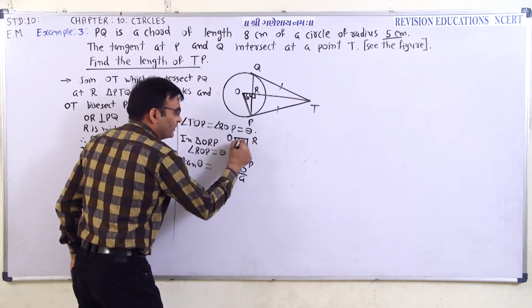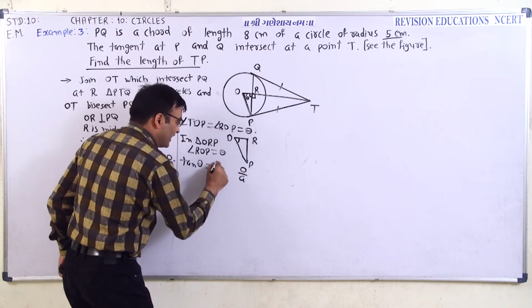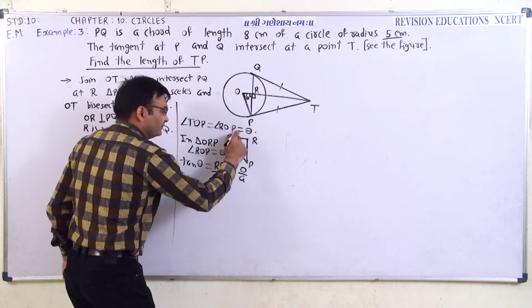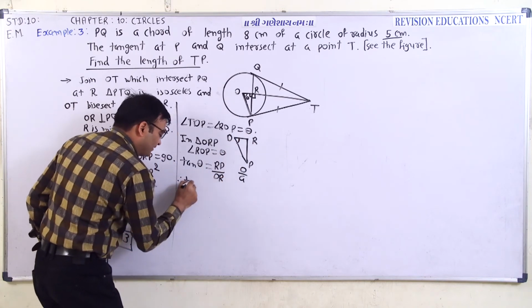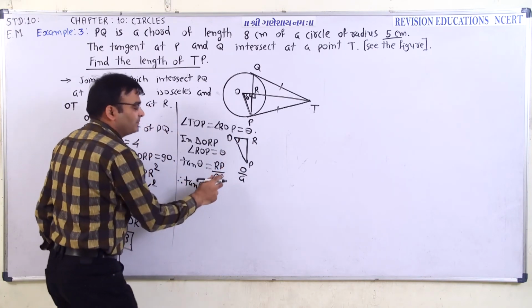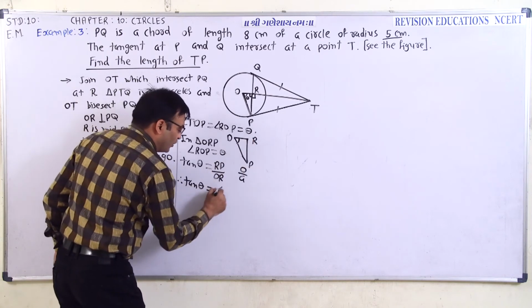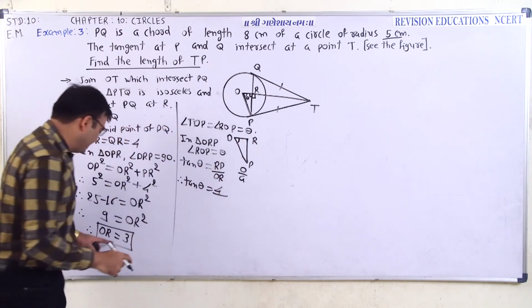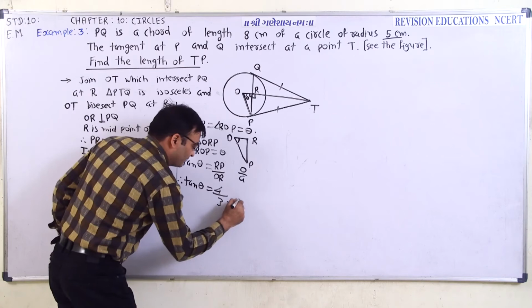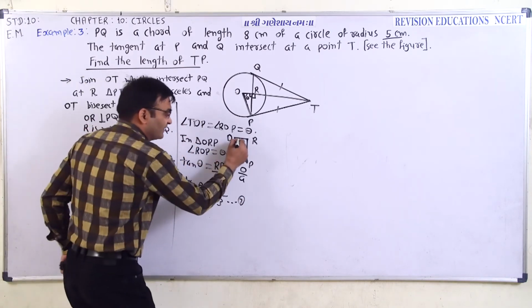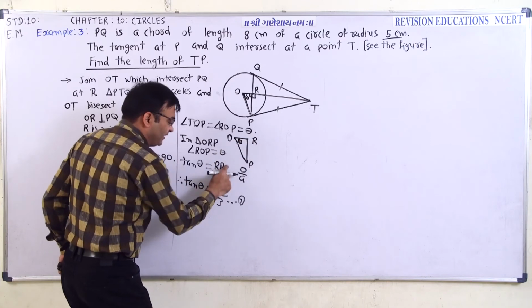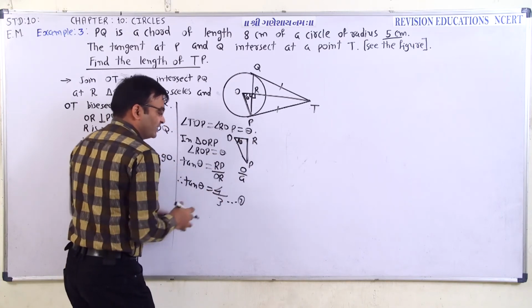Its opposite side is RP upon adjacent side OR. Keep tan theta as it is. In place of RP we put 4 and OR we put 3. Give it number 1. Tan theta is equal to RP upon OR.